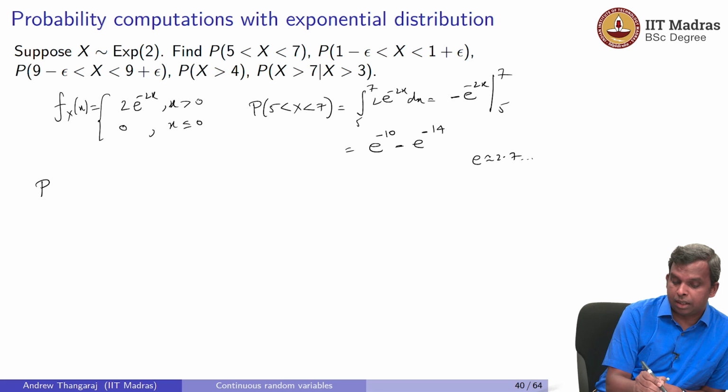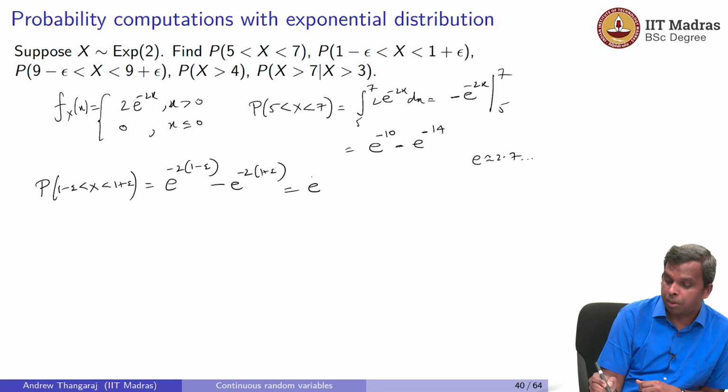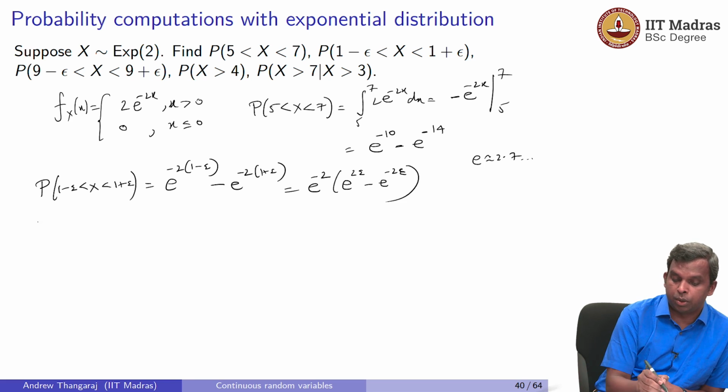Let's look at these other things. The probability that 1 minus epsilon less than x less than 1 plus epsilon. You can do the same calculation. It's e power minus 2 times (1 minus epsilon) minus e power minus 2 times (1 plus epsilon). You can pull e power minus 2 outside, and you will get e power 2 epsilon minus e power minus 2 epsilon. The other one is 9 minus epsilon less than x less than 9 plus epsilon.